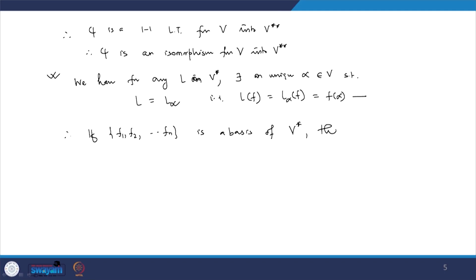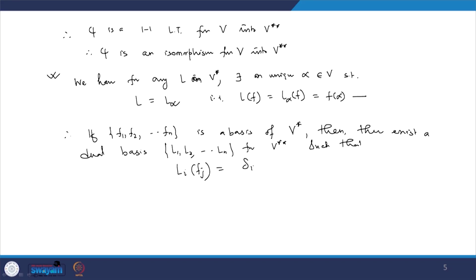then we know if this is the basis for V star, then there exists a dual basis L1, L2, Ln for V double star such that Li Fj equal to delta Ij, where 1 less than or equal to i less than or equal to n, 1 less than or equal to j less than or equal to n.